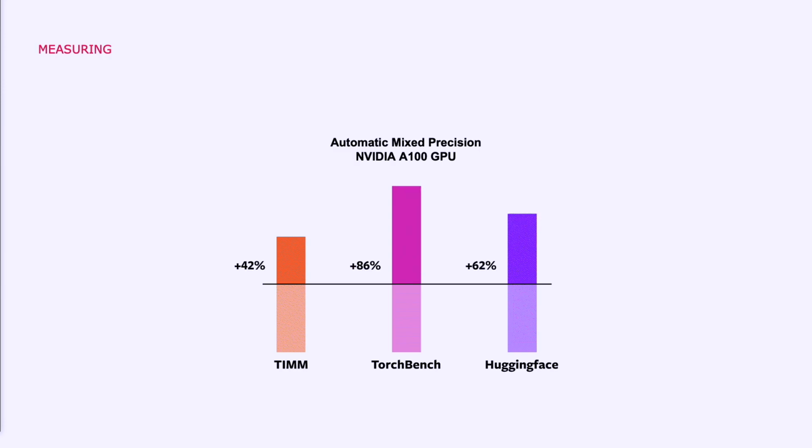We start getting real numbers that a compiler should see: a 42% increase in TIMM models, 86% on TorchBench, and 62% on Hugging Face. Consequentially, that means if your model training is running for 5 days, it now runs 60% faster, like 3 days or something. I think that's a real meaningful change in your productivity.